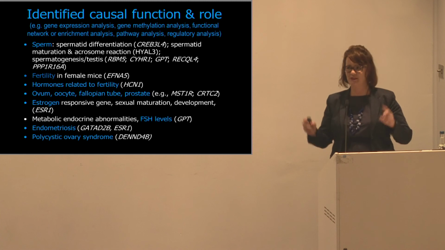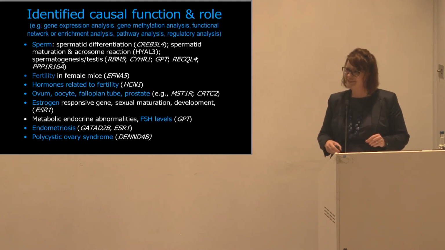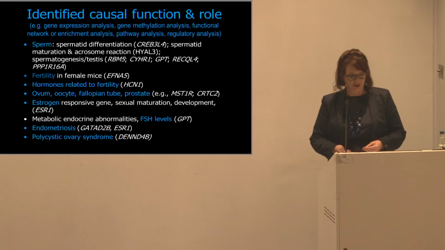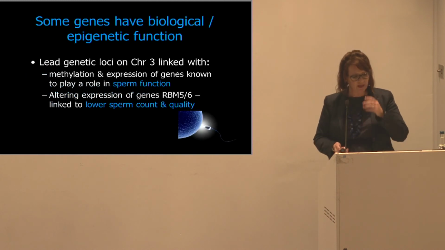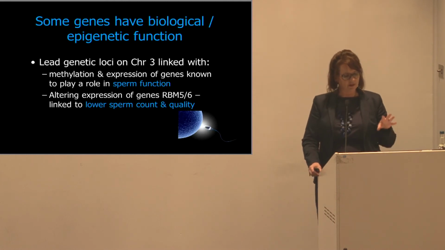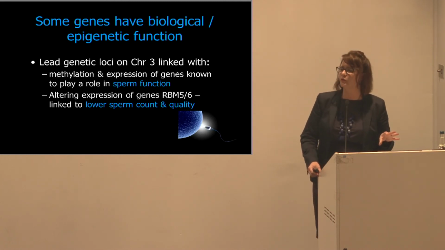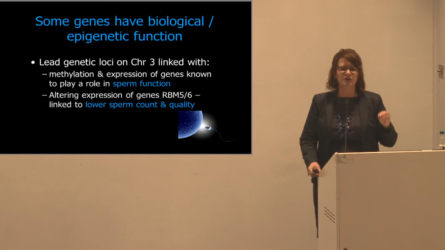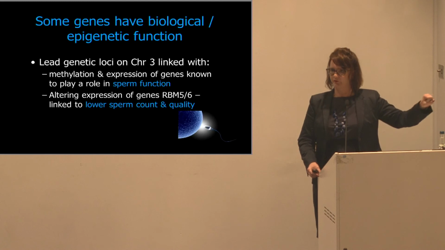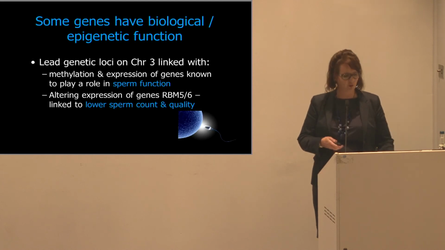So it was interesting, these behavioral phenotypes were having a very clear biological relationship as well. And the lead genetic loci in chromosome 3 was linked to methylation and expression of genes known to play a role in sperm function. So that's something that we're now working on with CRISPR and some zebrafish follow-ups as well.